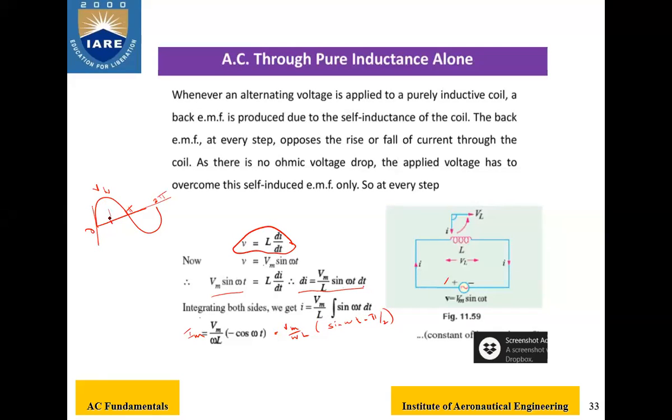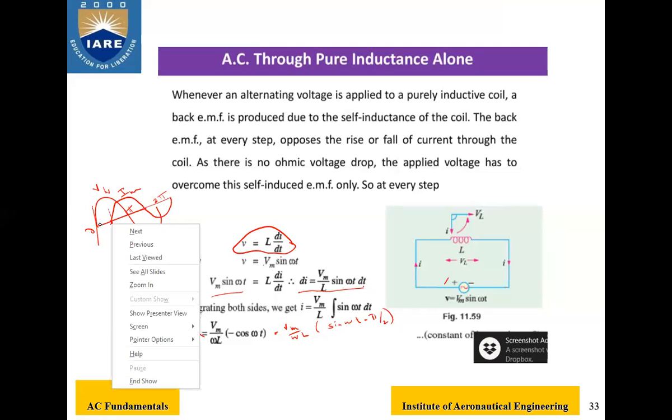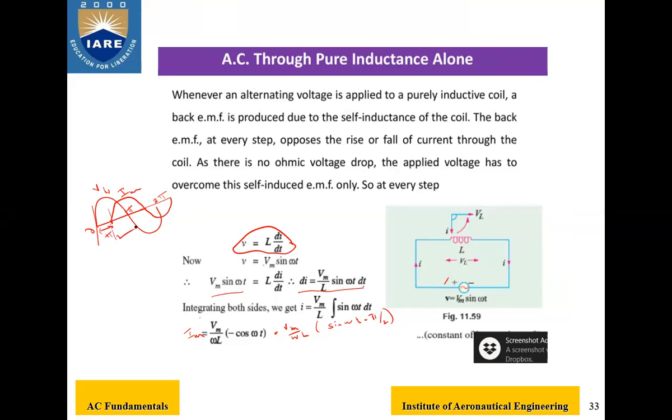After pi by 2 angle, the current waveform starts. So this is the current waveform. What you are saying is that current is lagging behind the voltage by an angle of pi by 2.